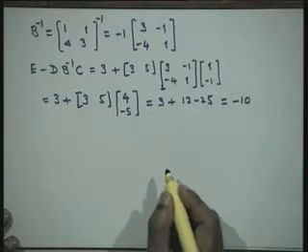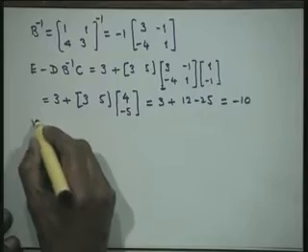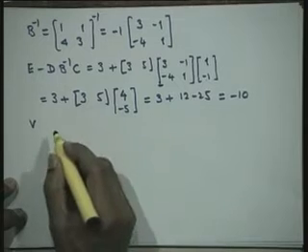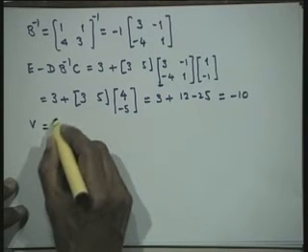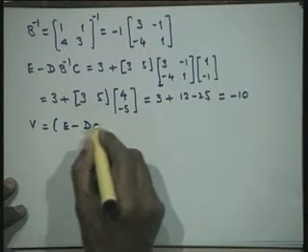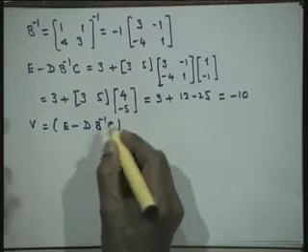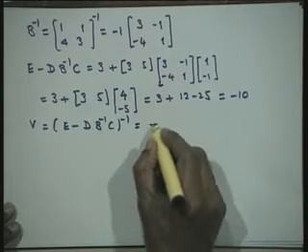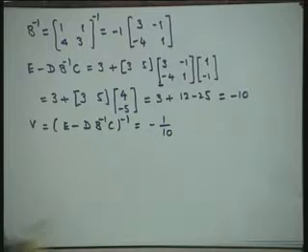Then we have shown that this partition part V, here it is a 1 into 1 matrix, therefore it is simply an element equal to the inverse of E minus D B inverse C. So, here it is a number, therefore, we simply get minus 1 upon 10.